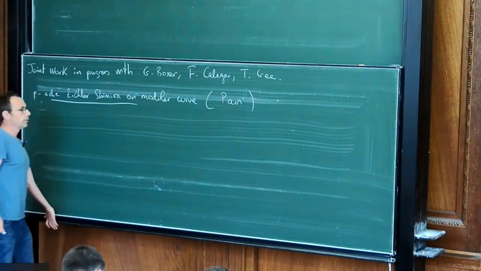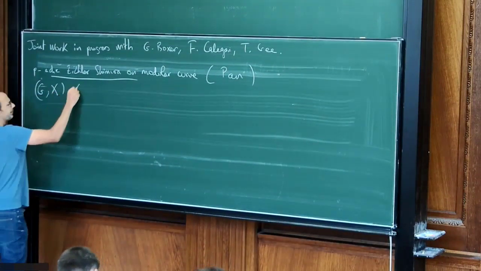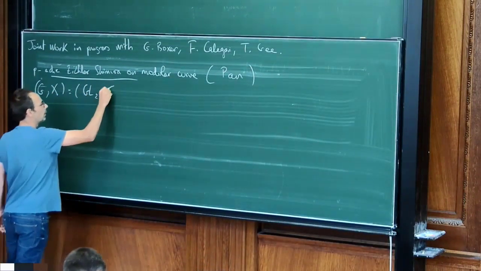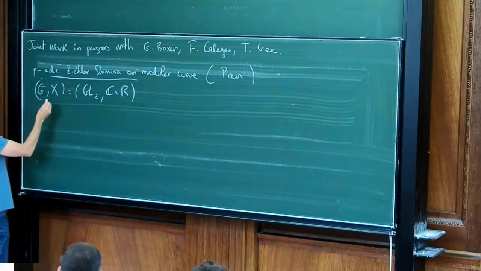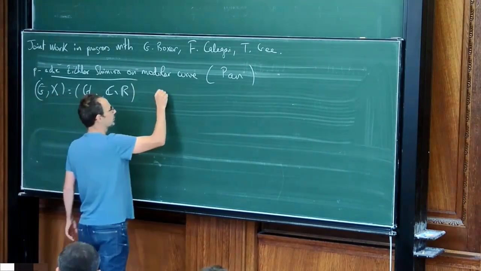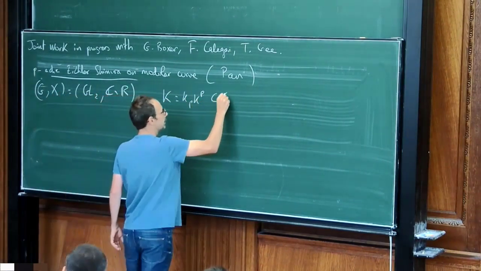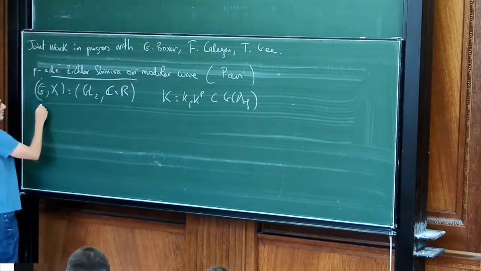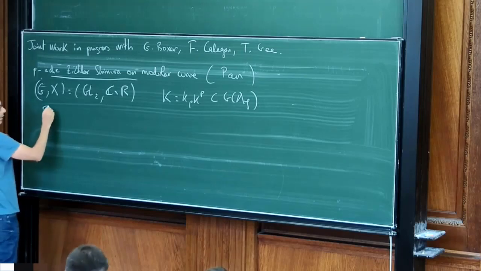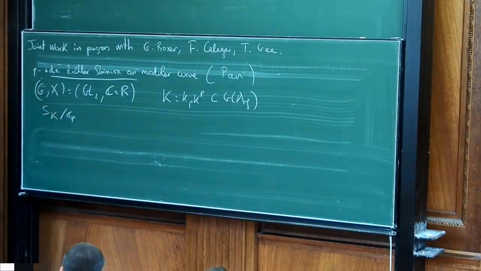So for the moment, our Shimura datum is the modular curve. I've chosen a prime p, and I pick some level K^p inside G(A_F), and we have the modular curve S_K, which I consider over C_p.